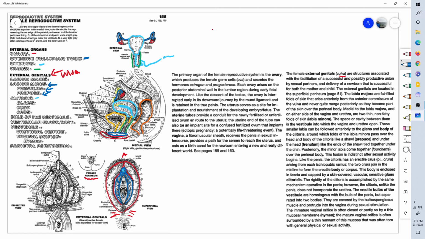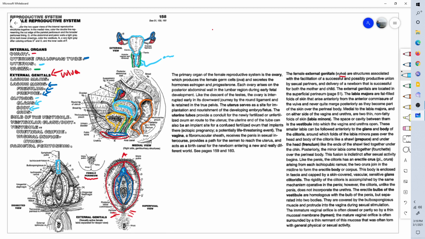The clitoris has a body and a glans, similar to the penis.